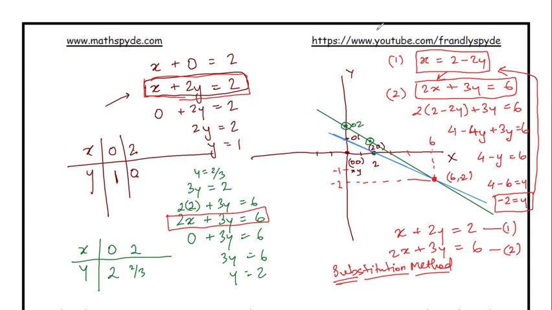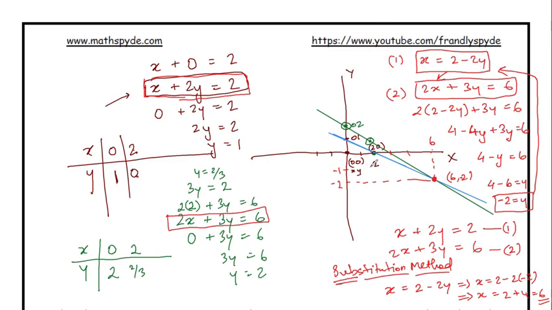So x is equal to 2 minus 2y gives you x is equal to 2 minus 2 into minus 2, because y is minus 2. So therefore I get x is equal to 2 plus 4, and I got an accurate value. So my freehand drawing was pretty much accurate.